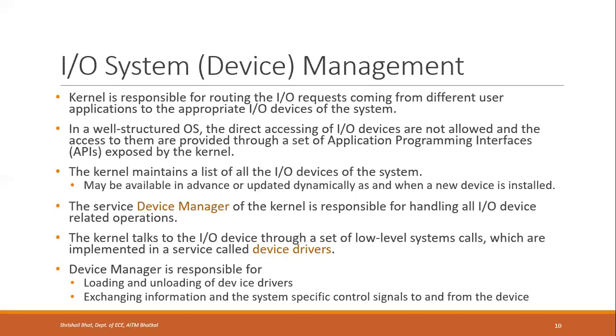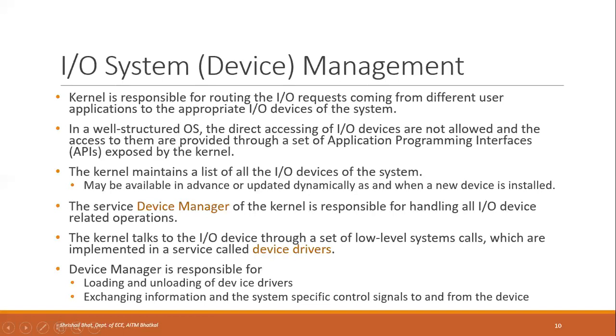The kernel talks to the IO device through a set of low-level system calls, which are implemented in a service called device drivers. So the way in which the kernel talks to the IO device is through the device driver.